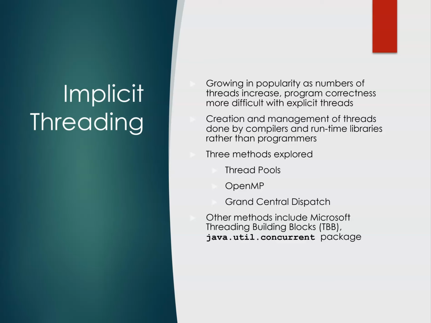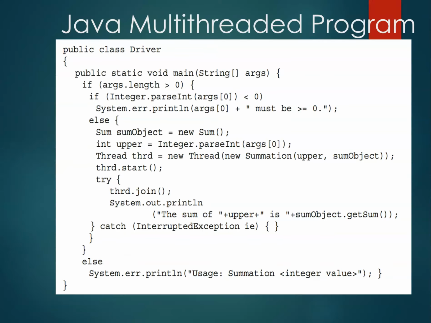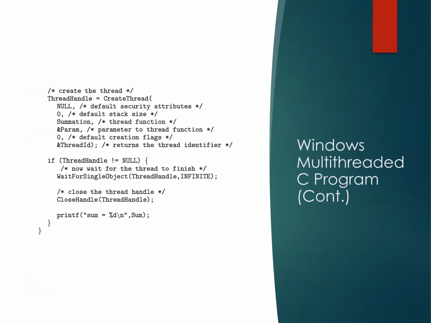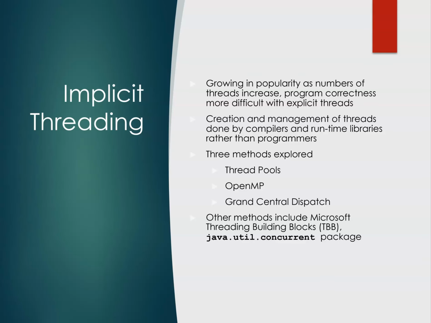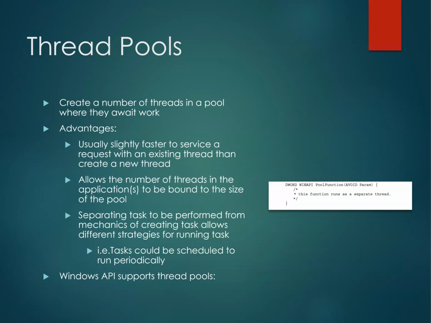A couple are thread pools, OpenMP, Grand Central Dispatch, and other methods include Microsoft Threading Building Blocks. Now there's the Microsoft threading library, which takes care of a lot of that, various thread pools, and there's the Java util concurrent package.